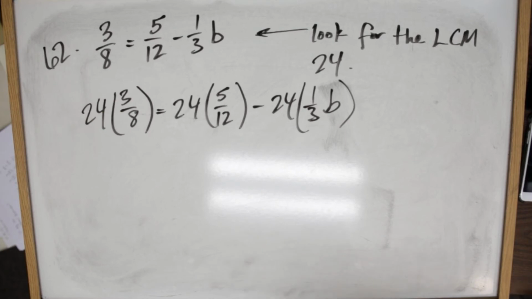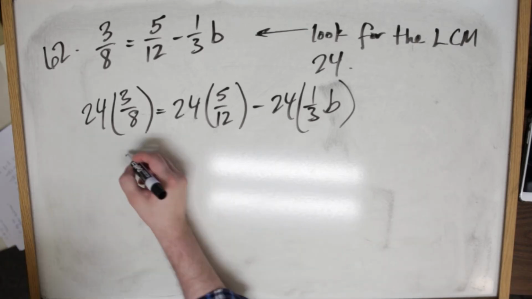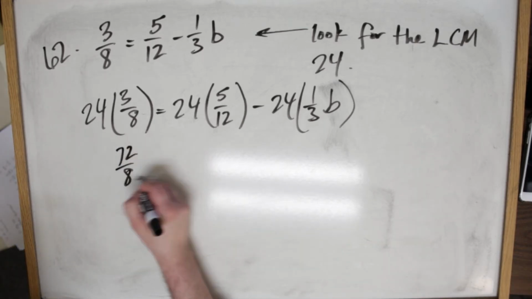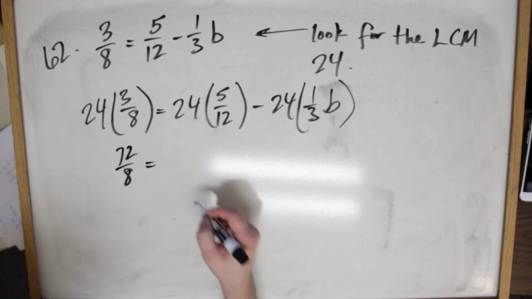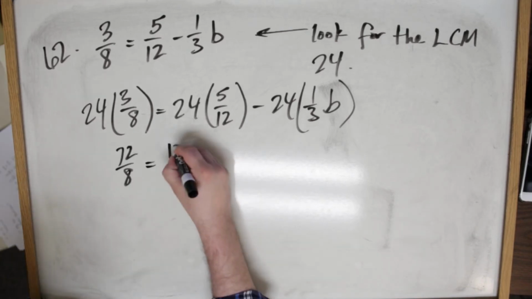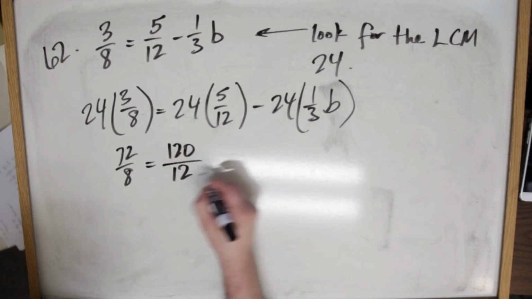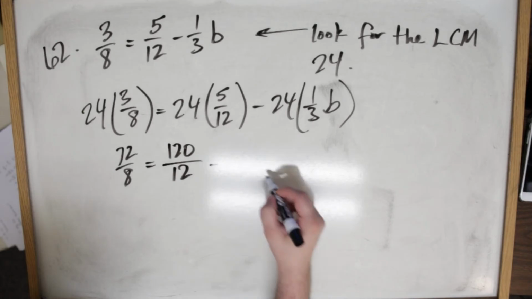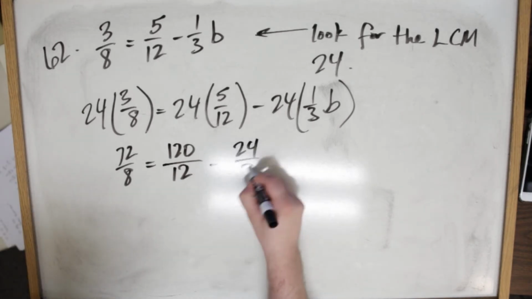So 24 times 3, 72. So we get 72 over 8 is equal to 24 times 5, 120, over 12, minus 24 over 3 times b.